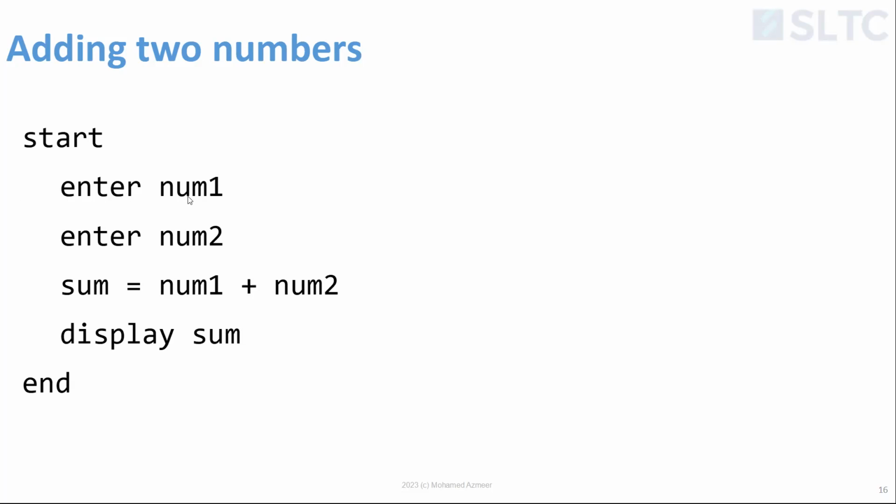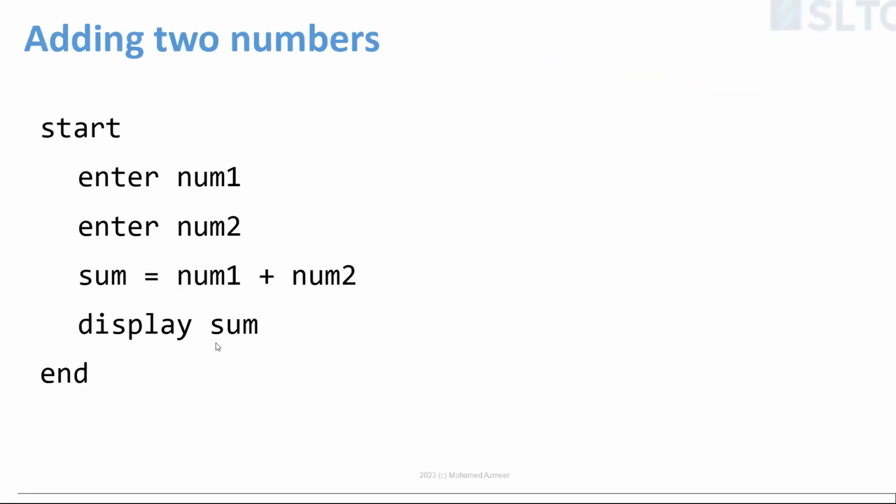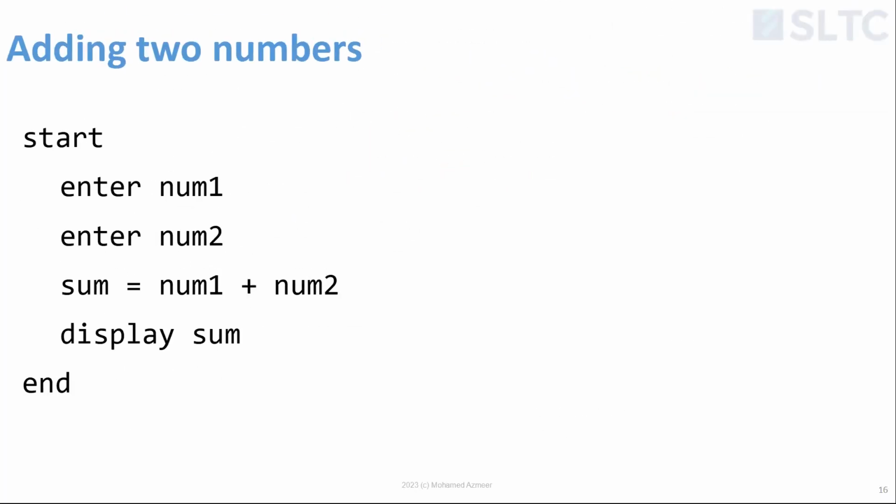So we have enter number 1, enter number 2, sum equals number 1 plus number 2, display sum. If you look at this, it's almost the same, isn't it? The flowchart is graphical, whereas this one is very text-based. So that's how you use symbols to explain an algorithm to someone.